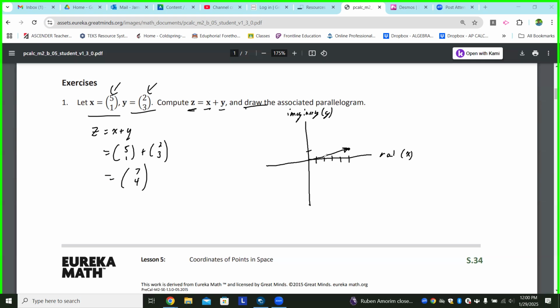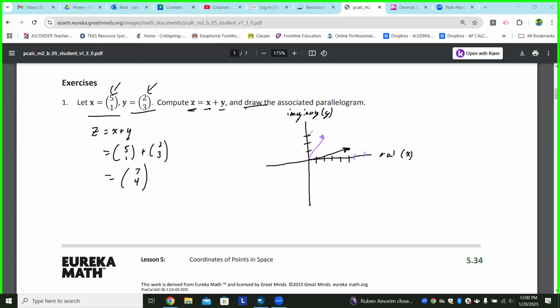And then you would graph 2, 3. Let me do this in a different color. All right, and then we talked about how you could physically move this vector, and it would go to what you're adding. So if I go to the tip of a vector and start the tail of the next vector there, I can go from here as if it was 0, 0 and go over 2 and then up 3.